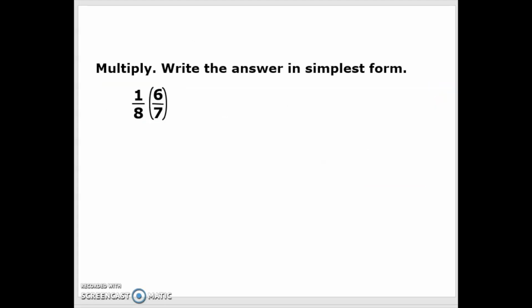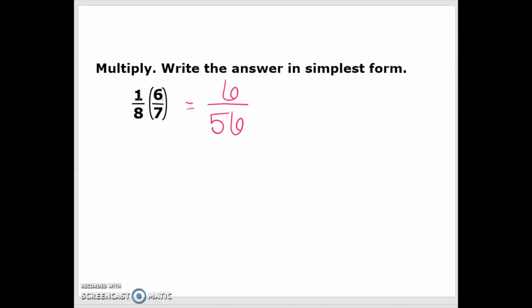Okay, so no negatives in there yet. Let's just practice. So again, multiplication, all we have to do is multiply straight across. So I'm looking at my two fractions, and I multiply 1 times 6 is 6. 8 times 7 is 56. Then all I have to do is simplify.